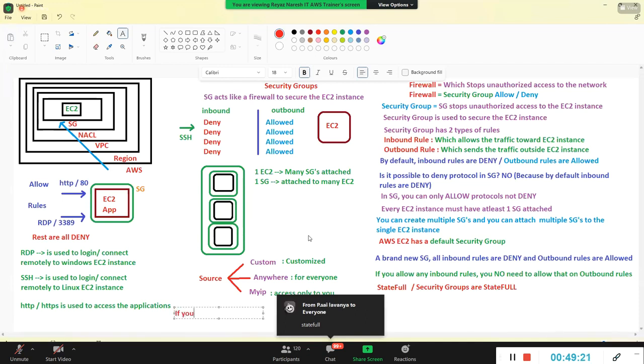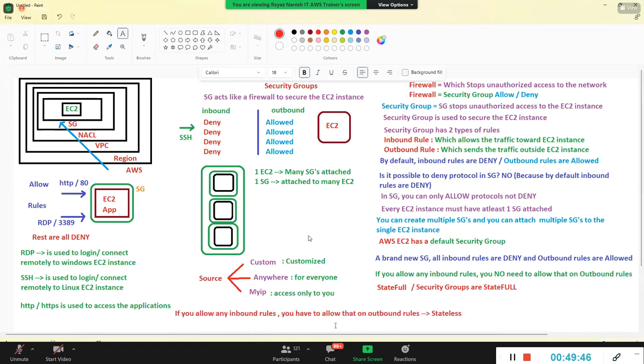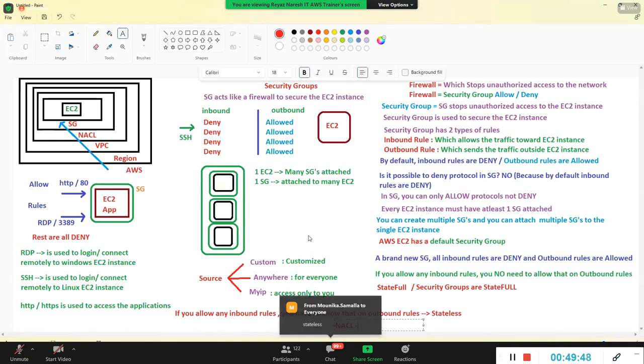If you allow any inbound rules, you have to allow that on outbound rules as well, and that is called stateless. Inbound rules must and should be allowed. That is what we'll talk about now: NACLs are stateless.